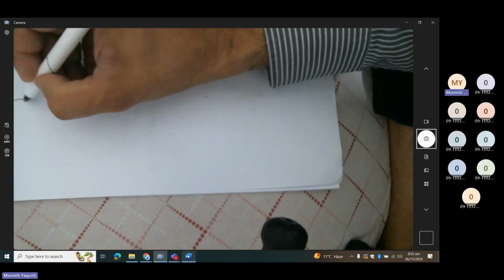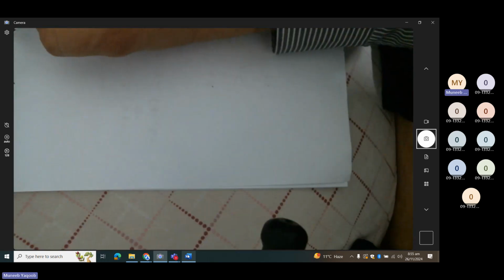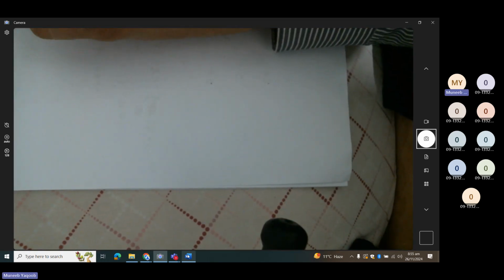So the integral of root of x plus cube root of x dx.